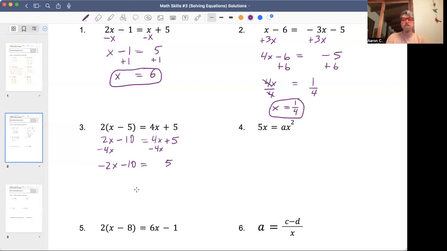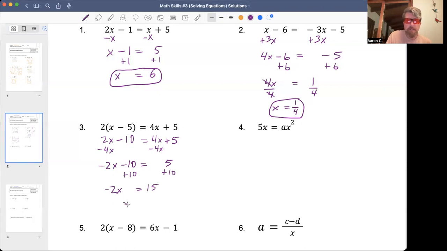That's there. Now all we have to do is get rid of this negative 10. So we're going to add 10, add 10, and we end up with negative 2x plus 0 equals 15.